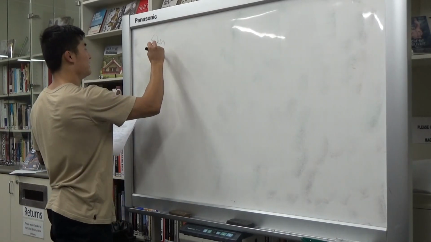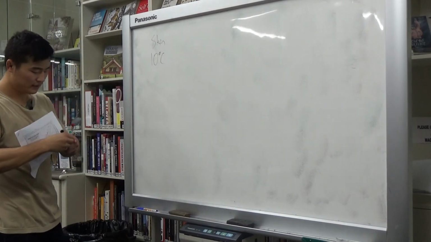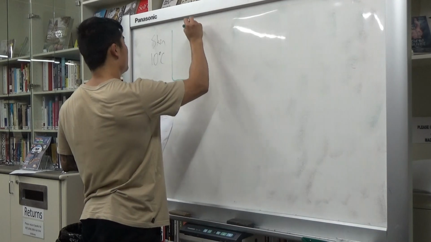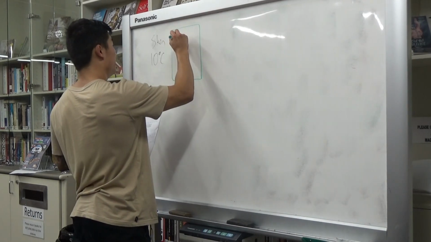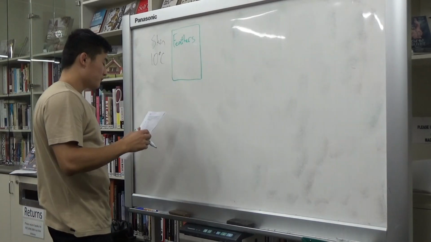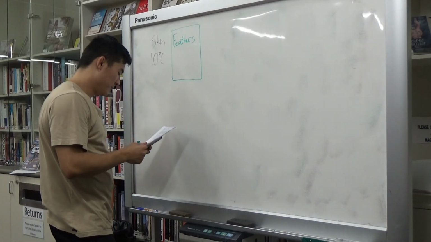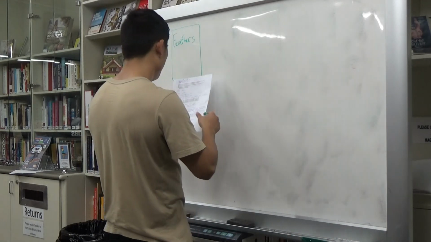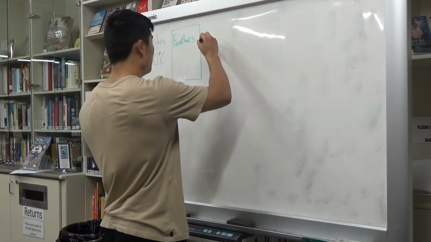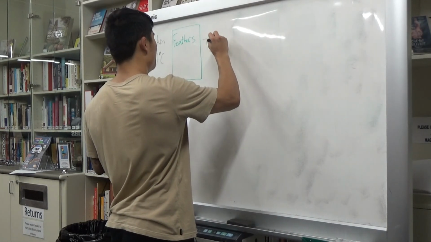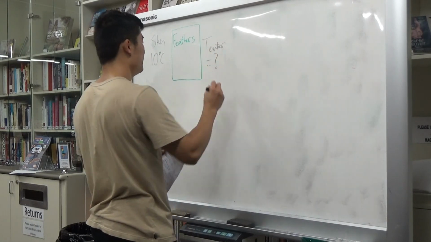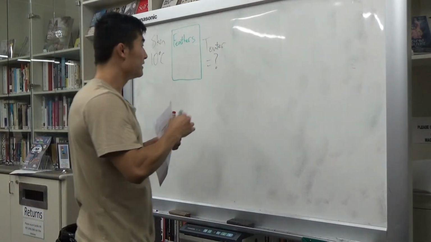So the skin is 10 degrees Celsius. And then you have your layer of insulation, which is the feathers. And then you have the temperature of the outer surface of the feathers, which you want to find.